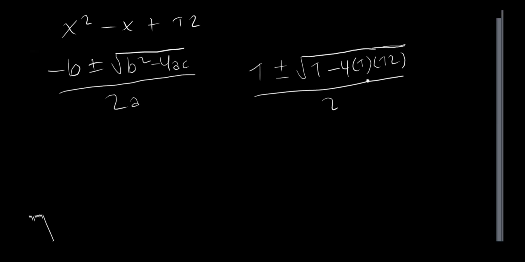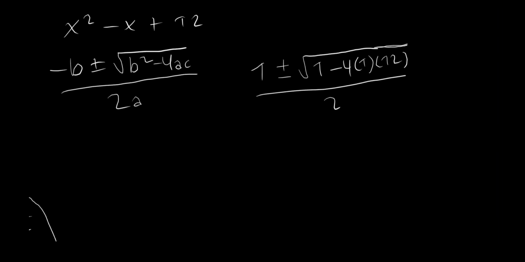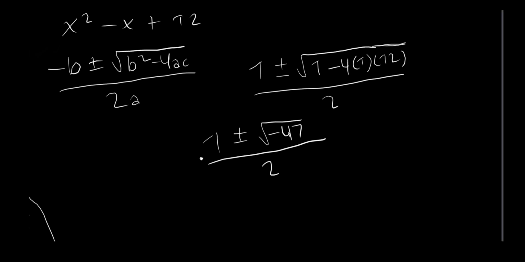Right here we will see, if we try to simplify this square root, negative 4 times 1 is negative 4, negative 4 times 12 is negative 48. 1 minus 48 will be negative 47. So it will result like this: 1 plus minus the square root of negative 47, over 2. Now, what will be the solution to this?